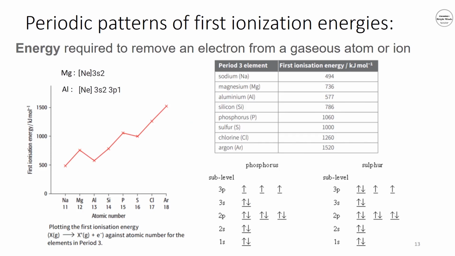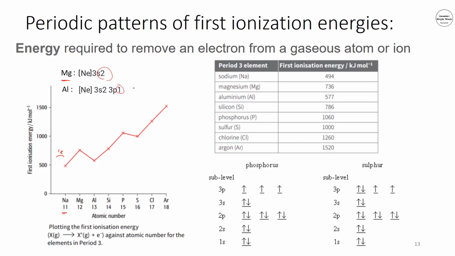in period number 3. So in period number 3, first you have sodium with 11 electrons, and it has one valence electron in the outermost shell. It is very easy to remove this electron. In magnesium, you have 2 electrons which you can remove, but aluminium has an even lower ionization energy compared to magnesium.